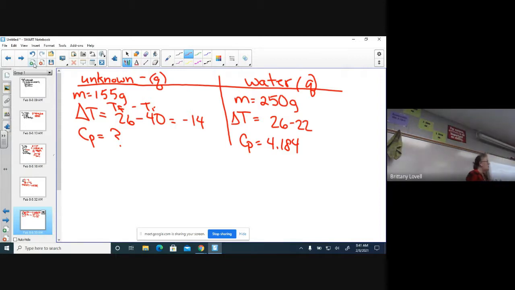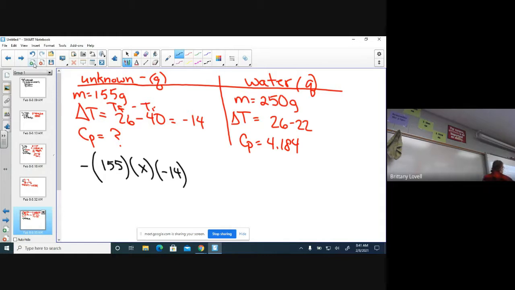Now at this point, we can start plugging stuff in. So I'm going to go down here and set up this side. If I know that this is my negative Q side, I'm going to say negative times the mass, which is 155, times my CP, which I don't know, times my delta T, which is negative 14. Everybody with me so far?